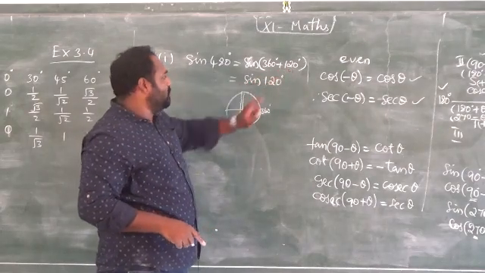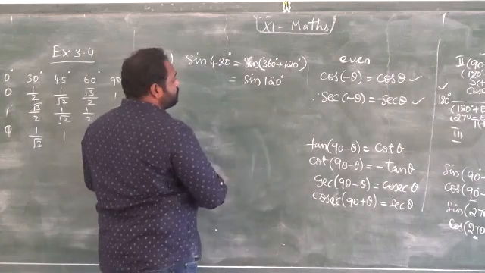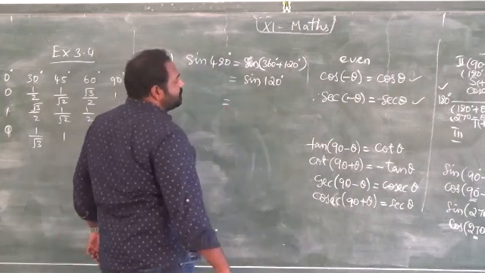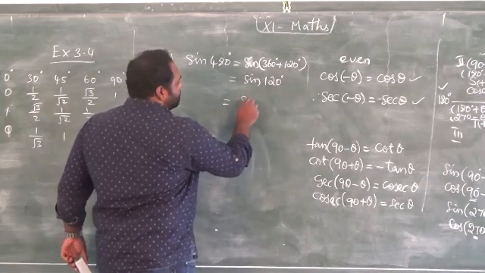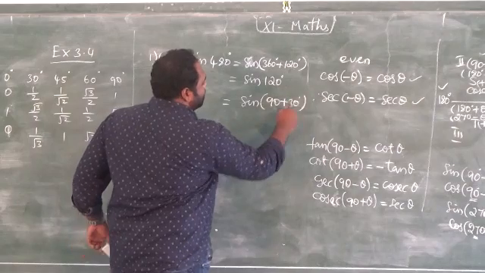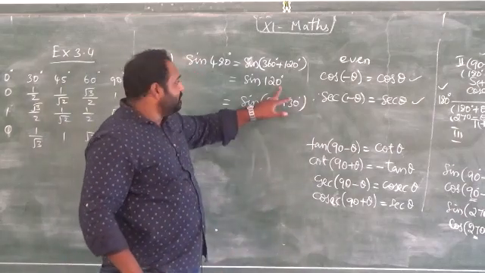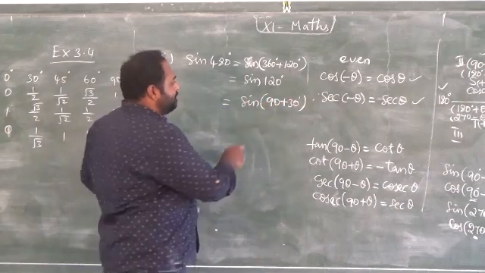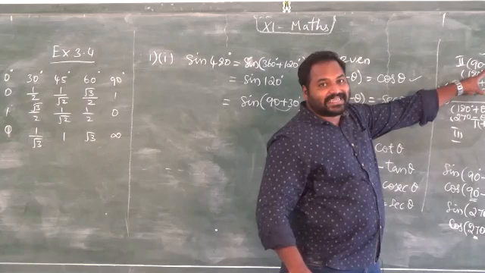Only 120 remains. It is also more than 90 degrees, so sine of 90 plus 30, isn't it? 120 can be split as 90 plus 30. Which quadrant?